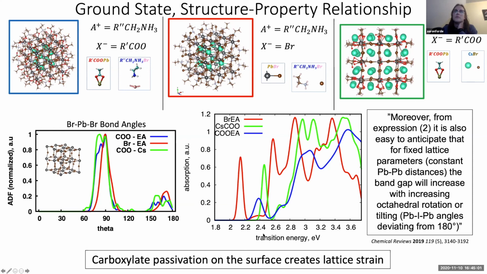Whereas the ammonium bromide has the smallest band gap, but has the most symmetric bonding. So the main takeaway is that the carboxylates on the surface create lattice strain.